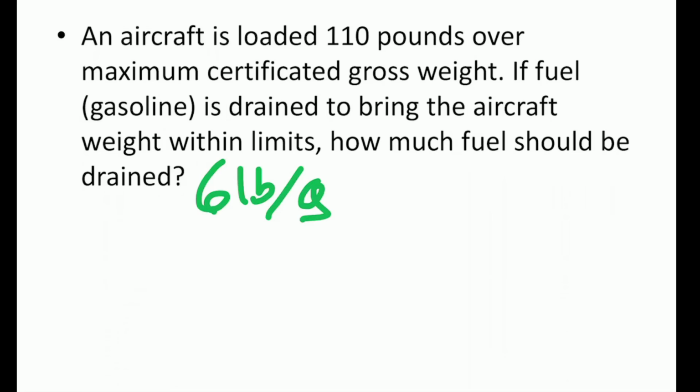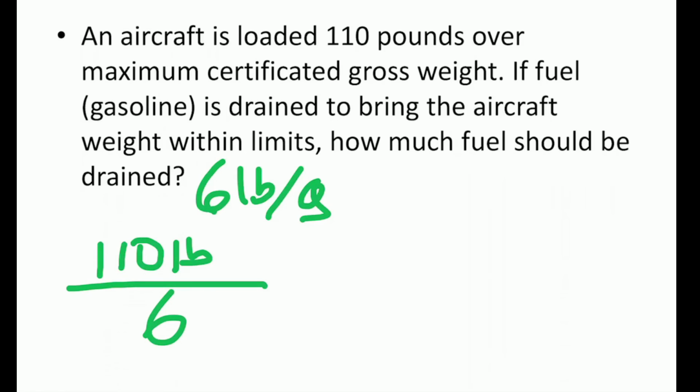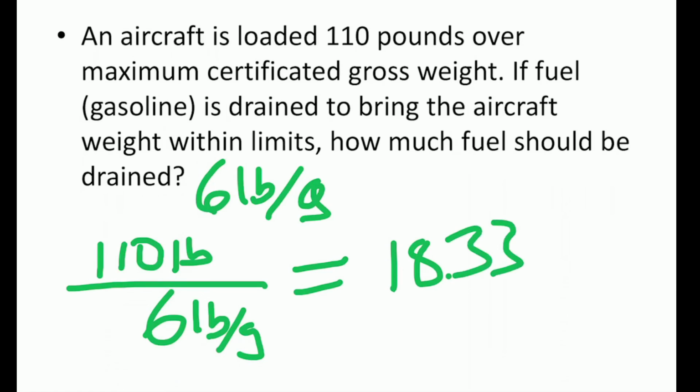Well, we know we need to remove 110 pounds. And so we divide that by 6 pounds per gallon. And that gives us a number of 18.33 gallons. So the answer is 18.33 gallons. That's how much fuel we need to drain.